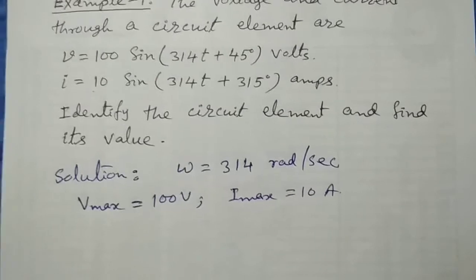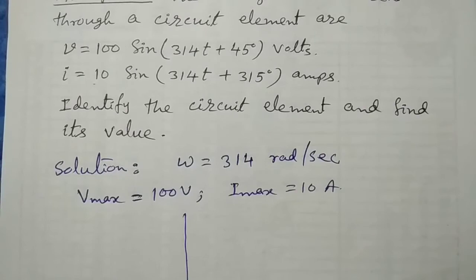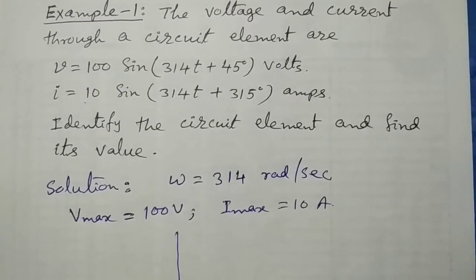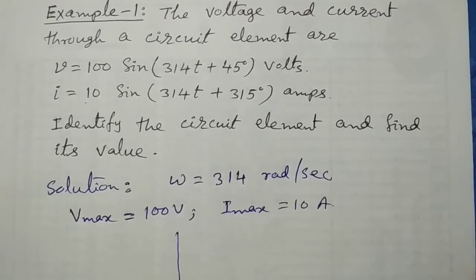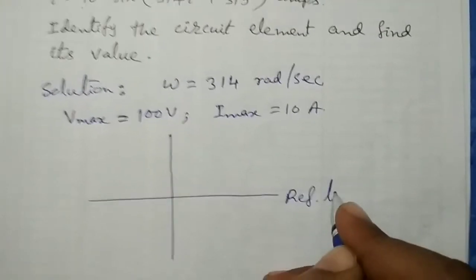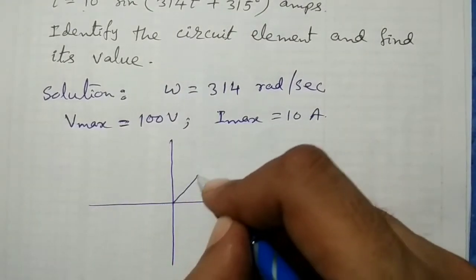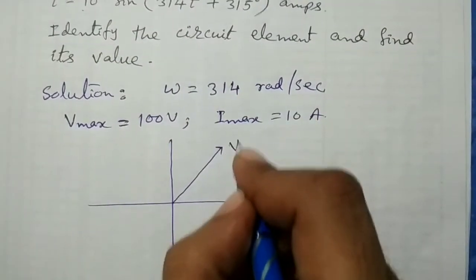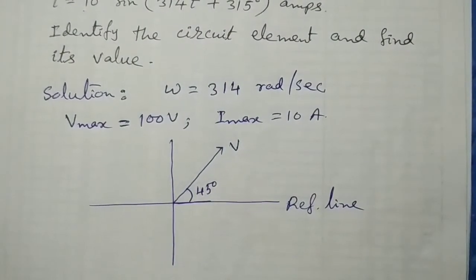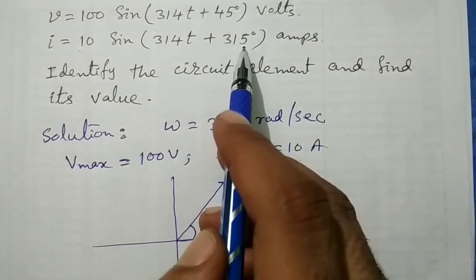Now to identify the circuit element, first of all draw its phasor diagram. The voltage is Vmax sin omega t plus 45 degree. So this is the reference line. So voltage will be at plus 45 degree, that means in the first quadrant. V makes 45 degree angle with the reference line. Whereas I is sin omega t plus 315 degree.